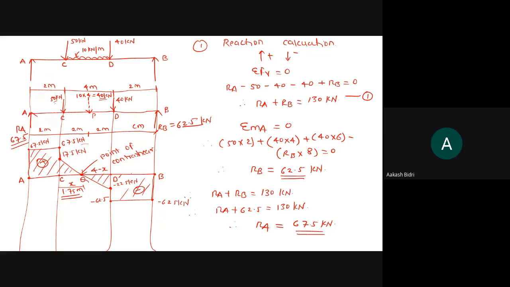You can see, while calculating the bending moment at point D, D ला बेंडिंग मोमेंट काढताना आपण किती फोर्सेस घेतले होते? 3. एक म्हणजे रिएक्शन RA, दुसरा म्हणजे हा 50 किलोन्यूटनचा फोर्स, आणि तिसरा म्हणजे हा UDL, कारण हा टोटल UDL ह्या पॉइंट D च्या लेफ्ट साइडलाच आहे. त्यामुळे 10 into 4 आपण 40 किलोन्यूटन पण काय केला? कन्सिडर केला. Similarly, while calculating the bending moment at point Q, again 3 forces are there.